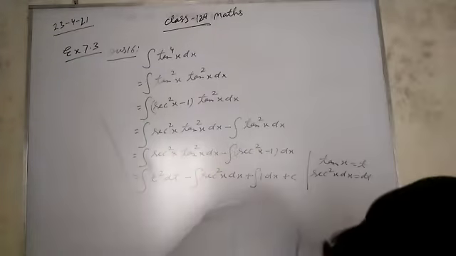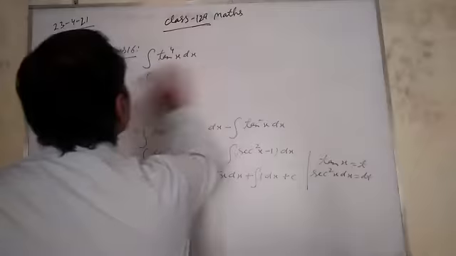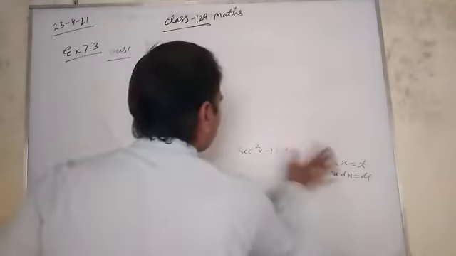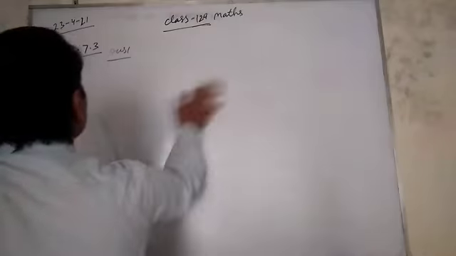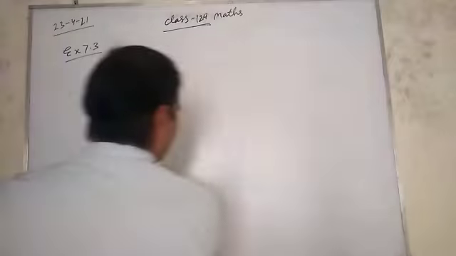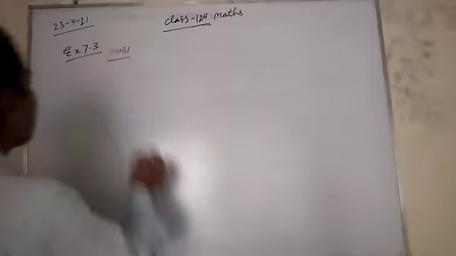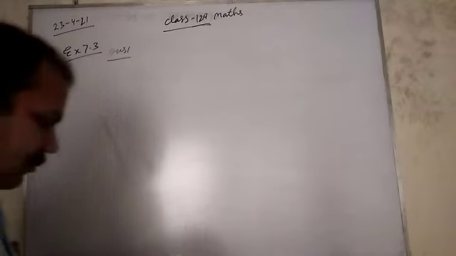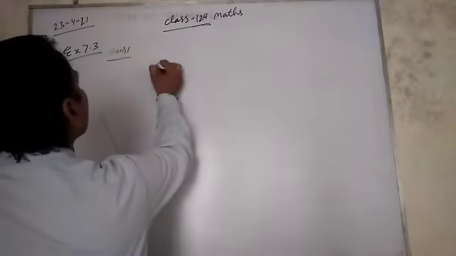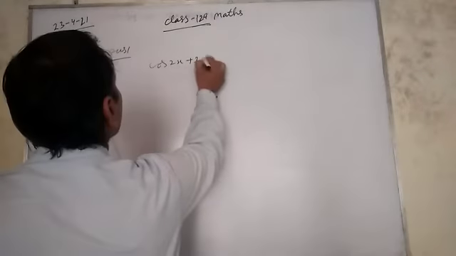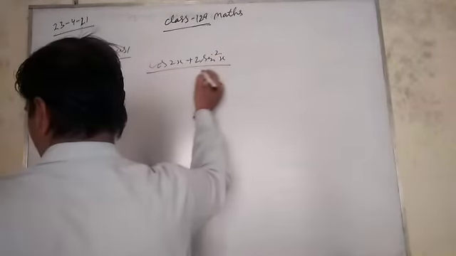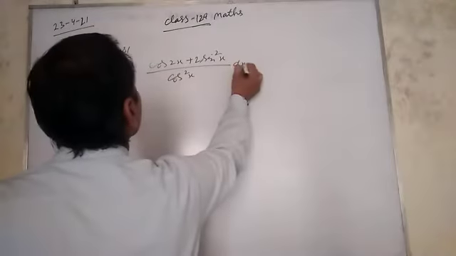Question number 18: cos 2x plus 2 sin square x, whole upon cos square x dx.